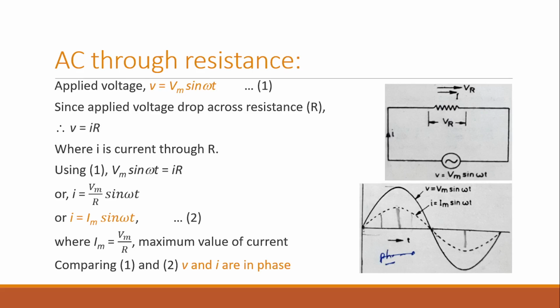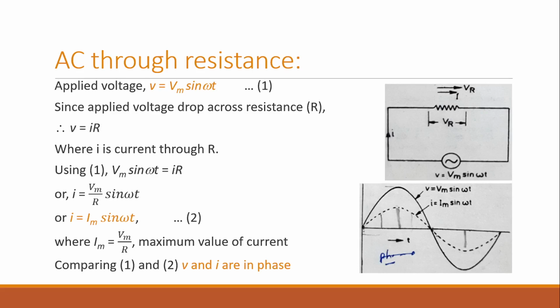So Vm upon R is again the current, and let us call it as Im, which is maximum value of current, and it is possible when omega t is equal to pi by 2 radians or 90 degree. Then equation 2 says that I is equal to Im if omega t equal to pi by 2 radians.